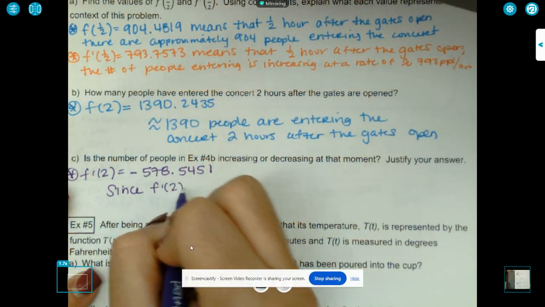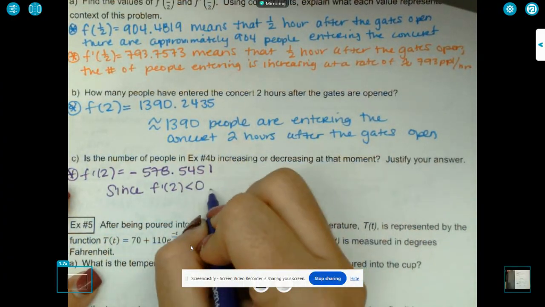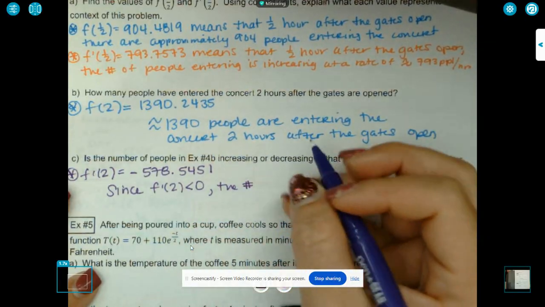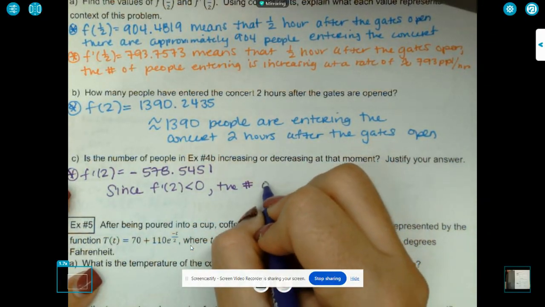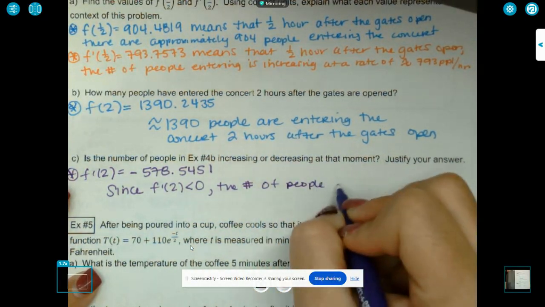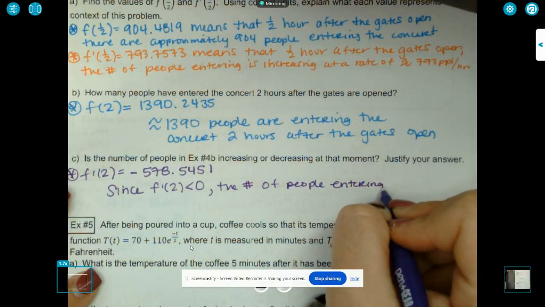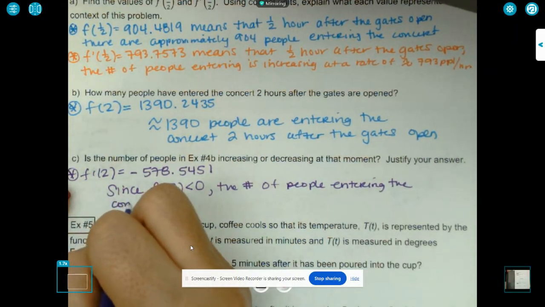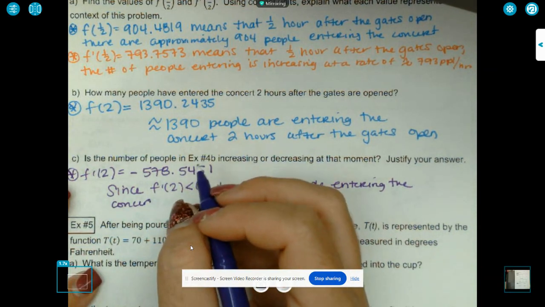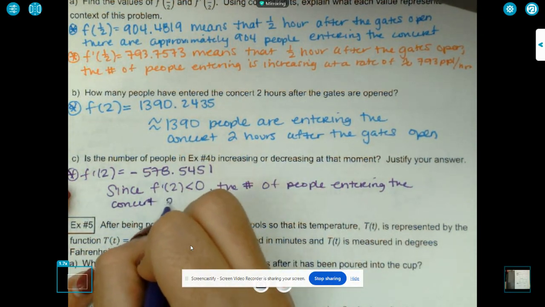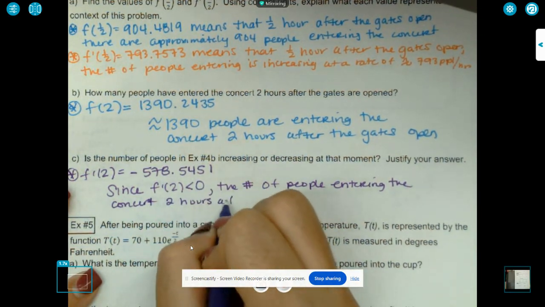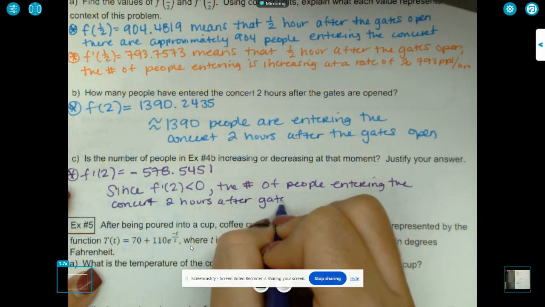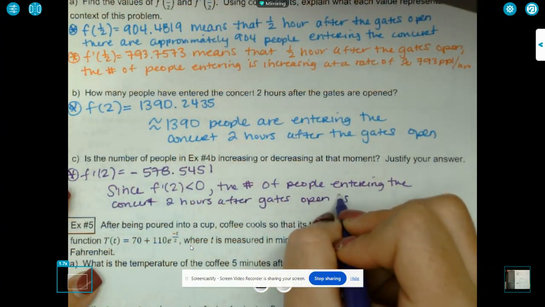So since f prime of 2 is less than 0, the number of people entering the concert two hours after gates opened is decreasing.